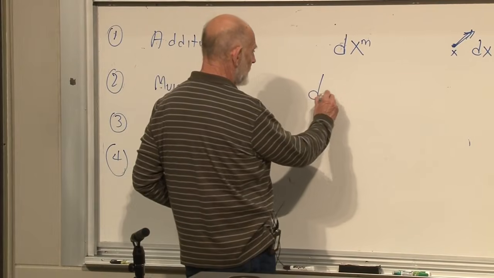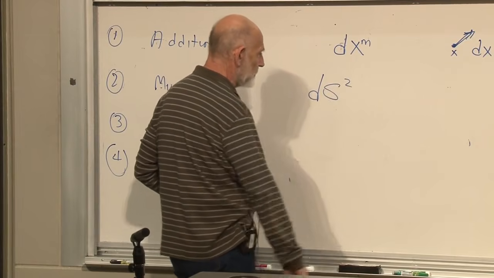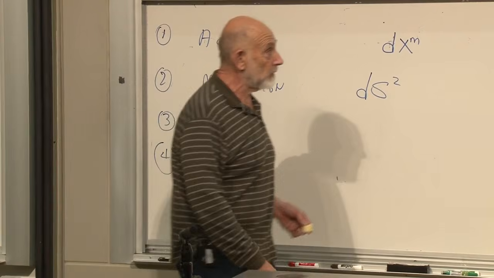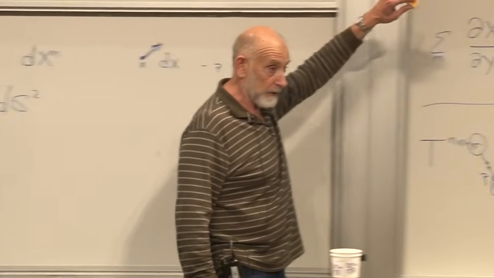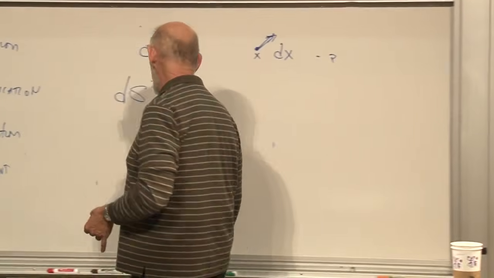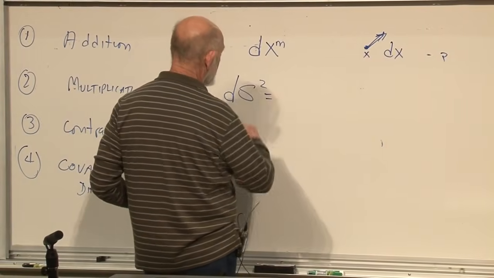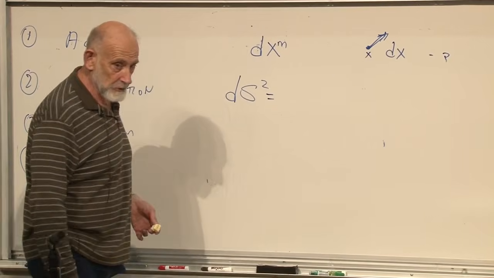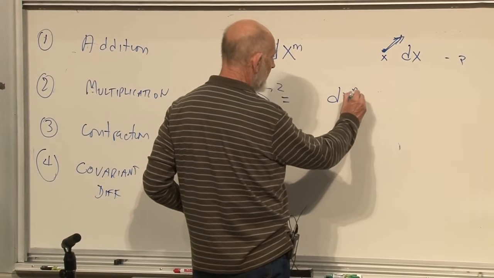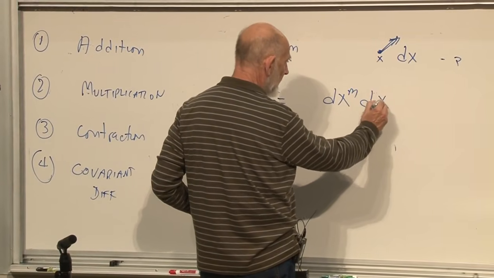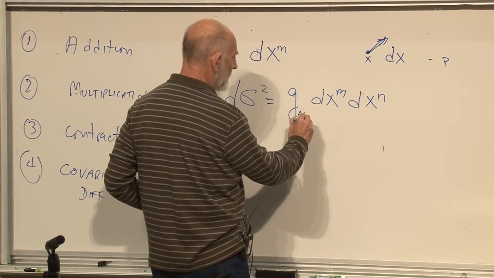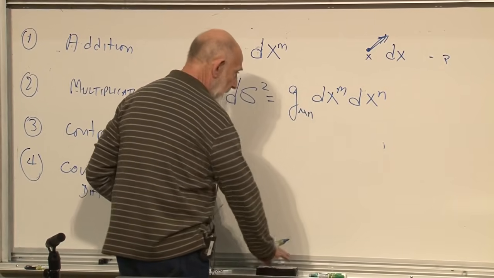It's always easier to start with the squared length, Pythagoras' theorem, but in coordinates which are not orthogonal, Pythagoras' theorem takes a more complicated form. It's still quadratic in the dx's, but it involves a dx^m and a dx^n and a quantity g_mn.